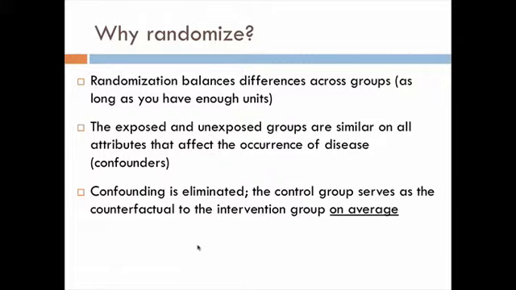And they're all coming into your study. So what happens is as you randomize people, your intervention, your control, your intervention, each person comes up and you randomize them to one of your groups. If you have enough people, all of those differences in your study sample get balanced across the groups, right?